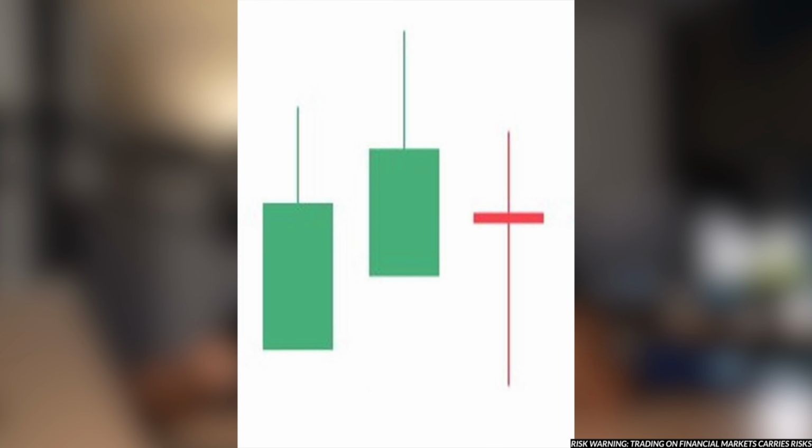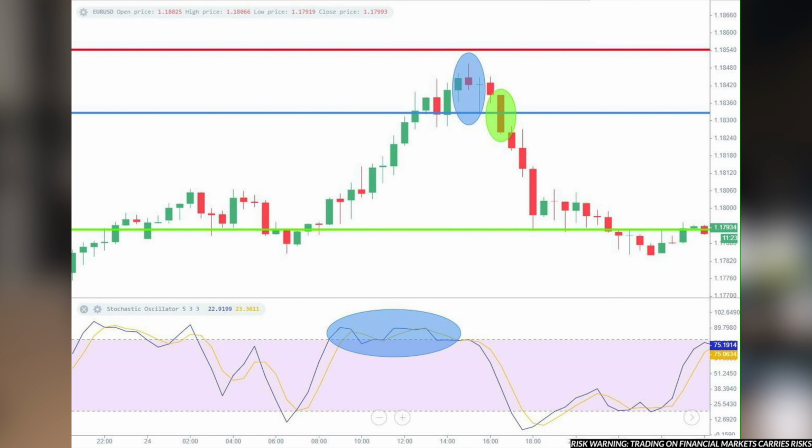Still, there can be any other reversal combination of candlestick analysis and price action, and usually it appears near the cross of the percentage K and percentage D curves. On the chart, this pattern is marked with a blue oval. When one of the following candles crosses a low point of the pattern, open a sell position at the price of 1.18329, which is the level marked with the blue line on the chart.